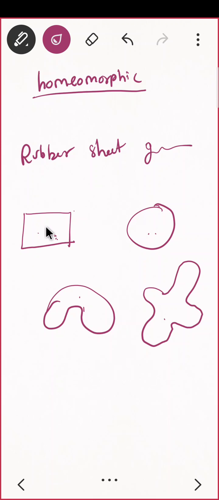I can make this into this form like this. Okay, this is what it is called. And can I make this in this form? That is a ring. Can I make this into this form?